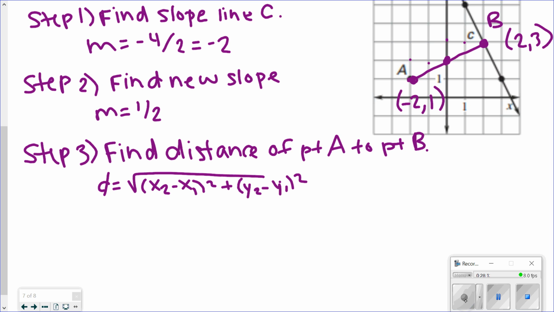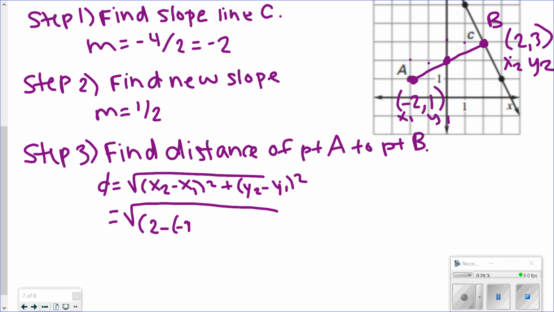So I'm just going to plug in my coordinates for A and B into the equation. I'll call this x1, y1, x2, y2. So x2 is 2 minus x1, which is -2, squared, plus 3 minus 1, and I'm going to square that.